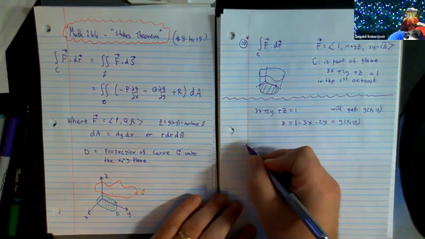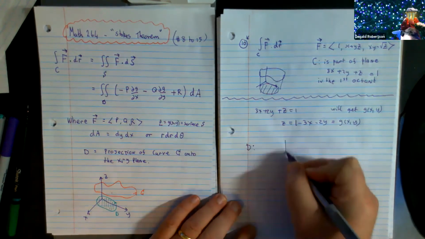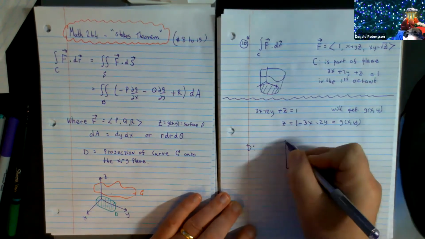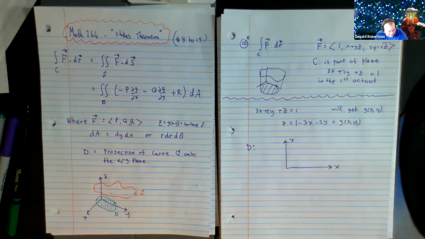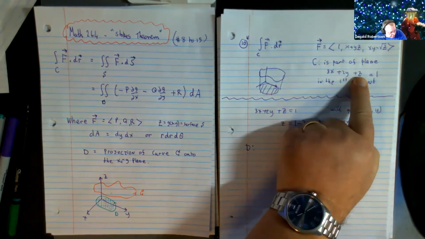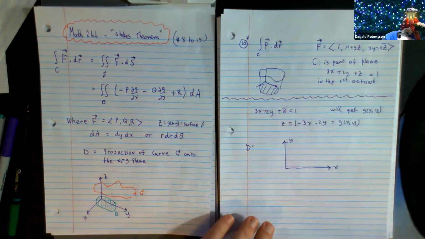So this is going to be what D looks like. Since it's in the first octant, doesn't that mean it's only going to be positive X and Y? Since it's projected onto the floor, doesn't that make Z equal 0? Great. Z equals 0. So what does that look like?